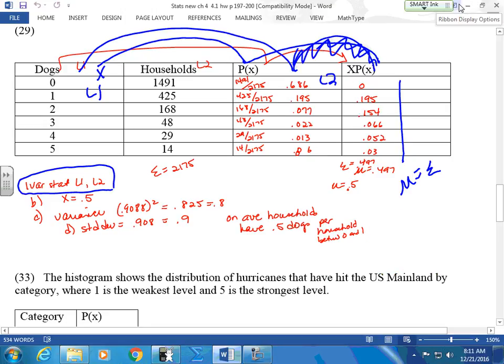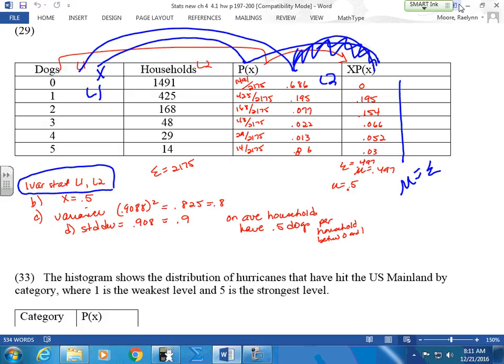Standard deviation, mean, I guess that was all you had to do, right? So what does this mean when I see 0.5? Can someone have 0.5 dogs? But when we're taking an average, remember our average contains 1 decimal place more than your x values. Are these x values discrete or continuous? Discrete. They're countable. I can't count a half a dog.